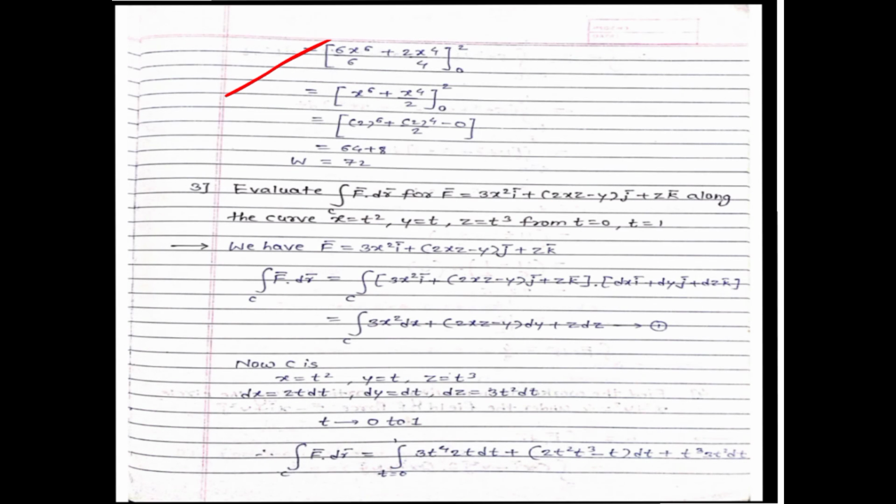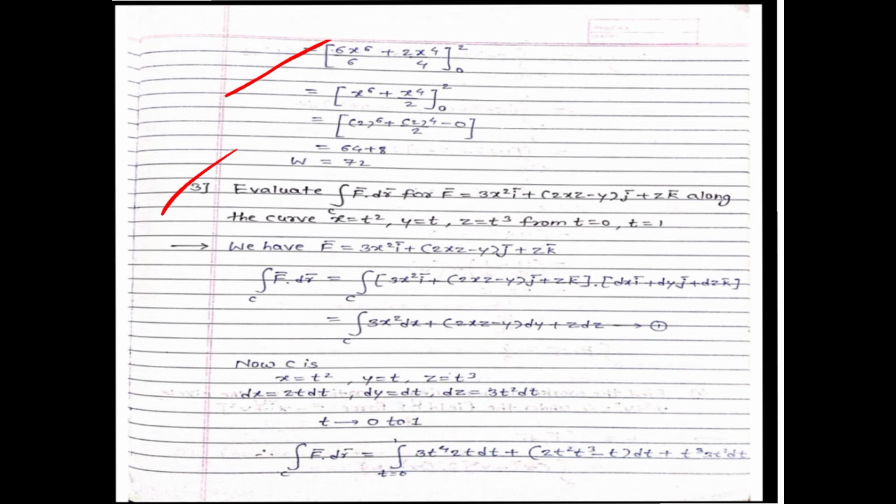But you can't take limits of z because the terms of z are 0 here. It is clearly mentioned z equals 0, and after differentiating we got dz is also equal to 0, so the terms of z are 0, so we can't take the limits of z. So either you can take x varies from 0 to 2, or y varies from 0 to 4 with respect to the change. So after simplifying the integration we will get w is equal to 72.